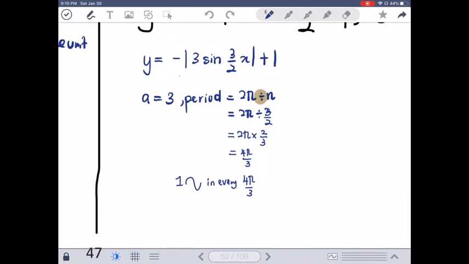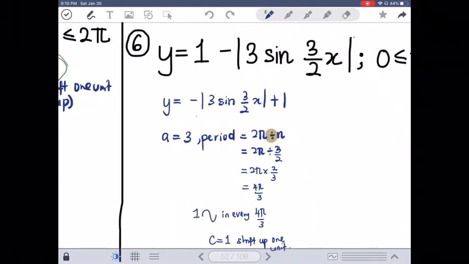And do we have shift? Yes, we have shift. So our C is equal to 1. So we will need to shift up 1 unit eventually. So how are we going to draw this graph? We have to start from inside towards outside. So start from 3 sine 3 over 2 x first.